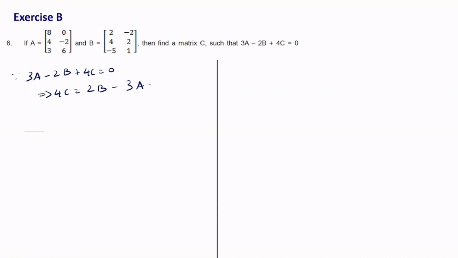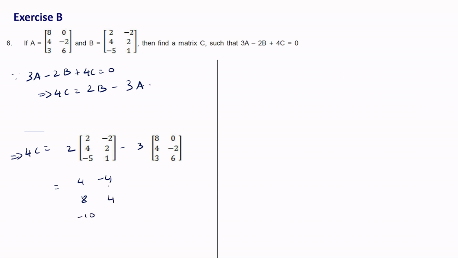So from here we have 4C equal to 2 into the matrix B minus 3 into matrix A. This is [4 -4 8; 4 -10 2] minus [24 0 12; -6 9 18].